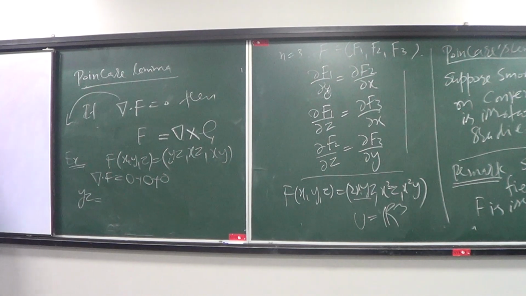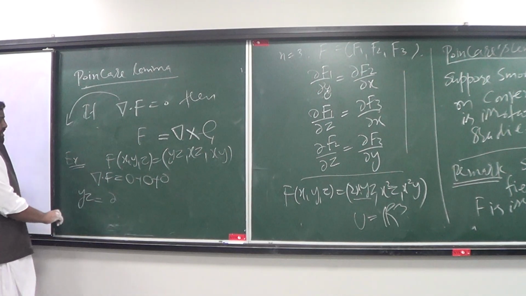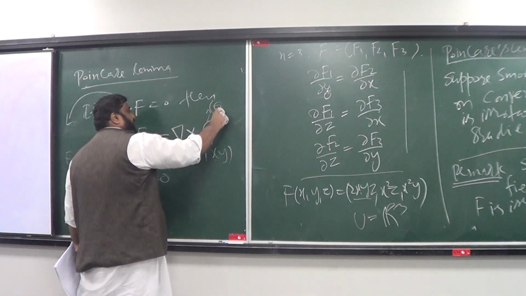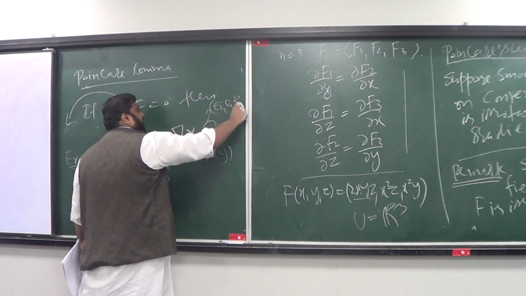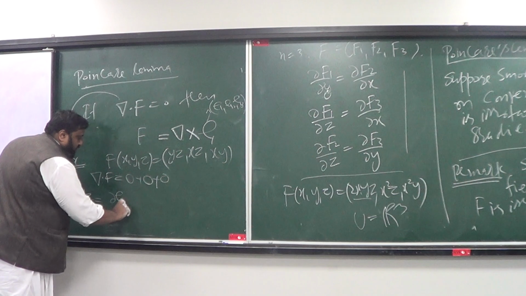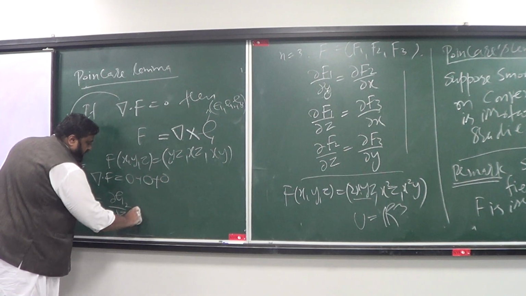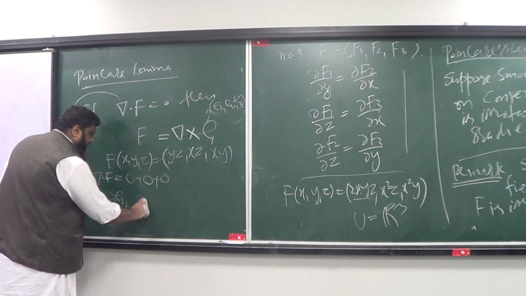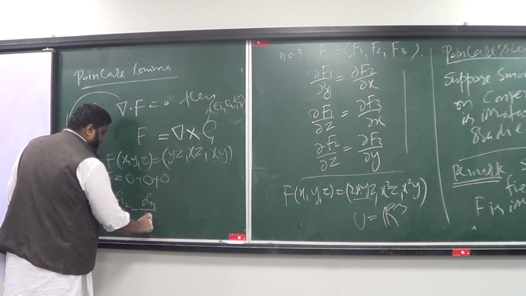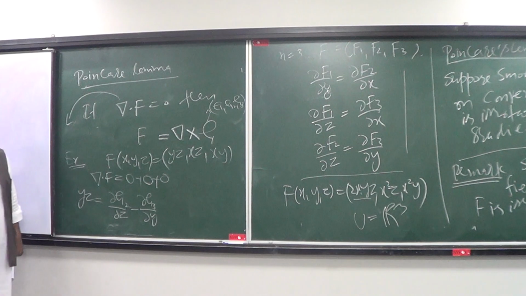What was the first component in the curl? You may assume that G contains 3 components, G1, G2 and G3. So was that partial G3 by partial y minus partial G2 by partial z? See the expression we just wrote for the curl.